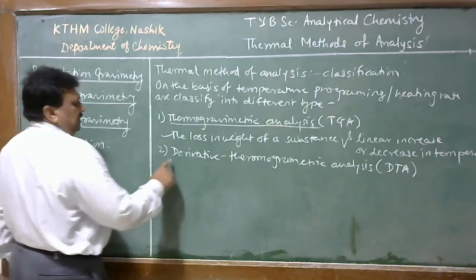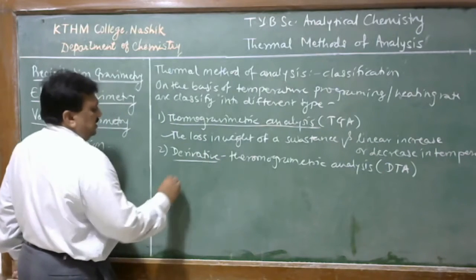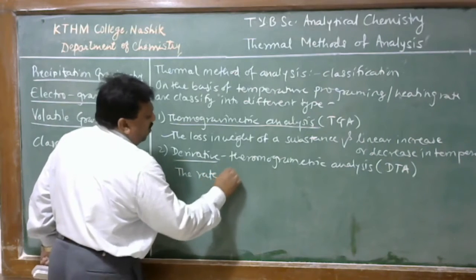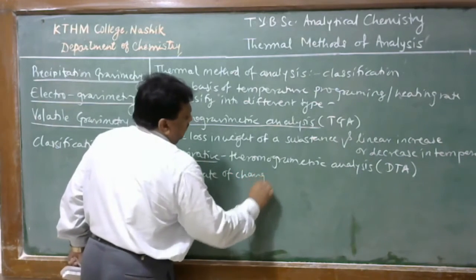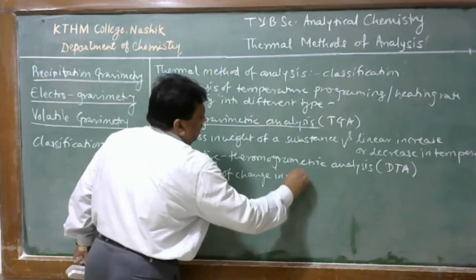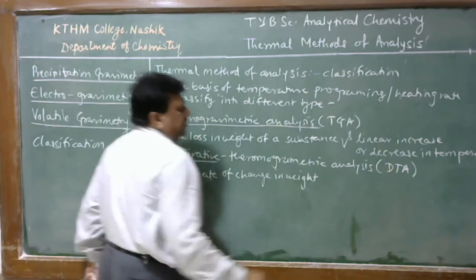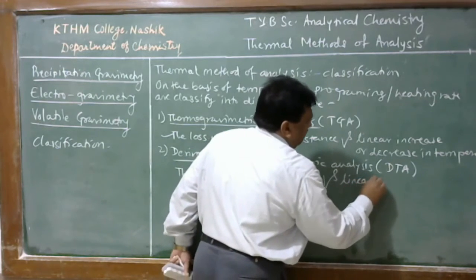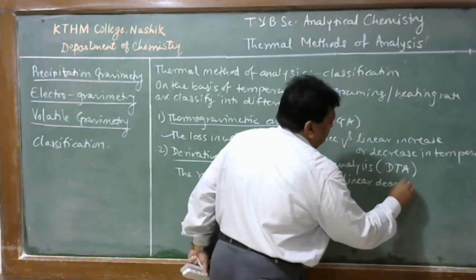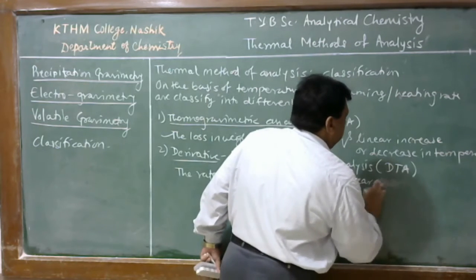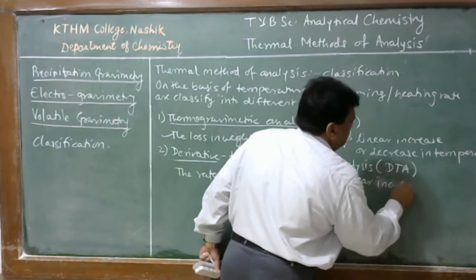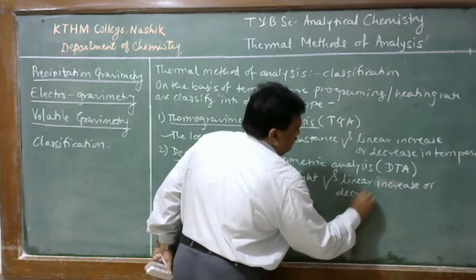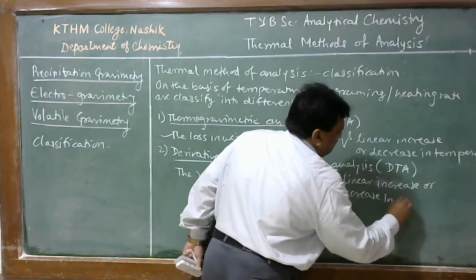In the derivative thermogravimetric analysis, the rate of change in weight of a substance is measured as a function of its linear increase or decrease in temperature.